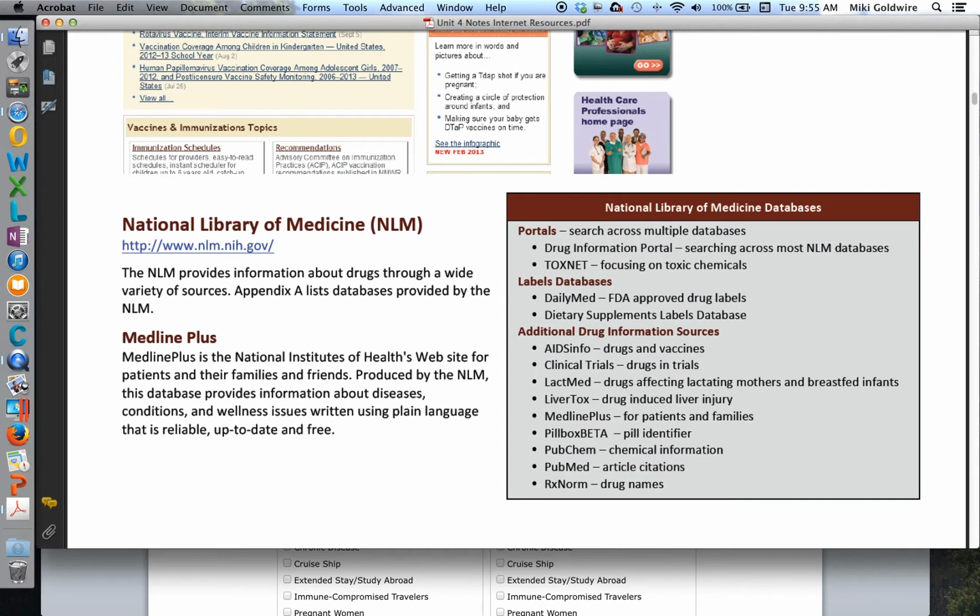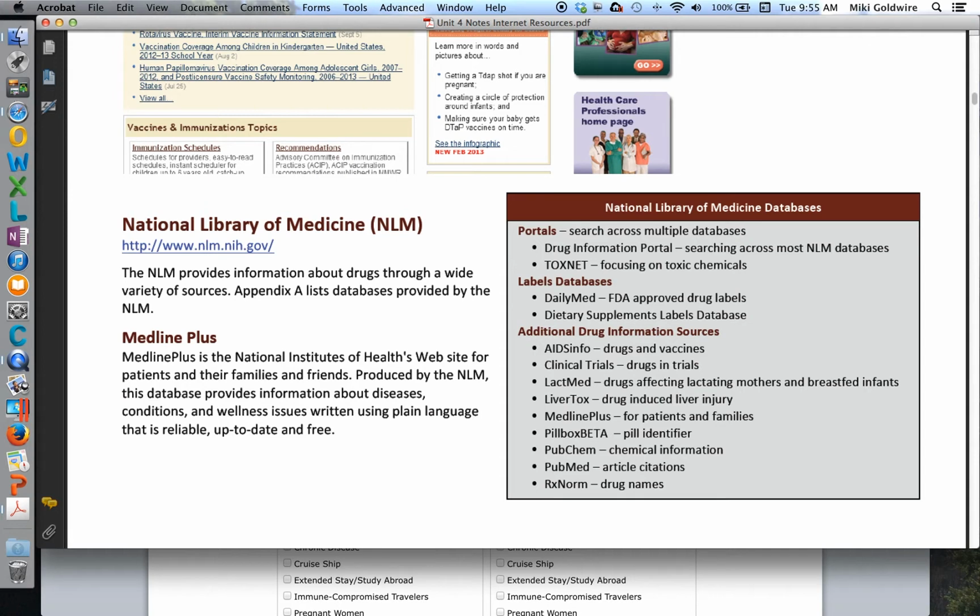The next website sponsored by our government is the National Library of Medicine. And the National Library of Medicine provides information about drugs through a wide variety of sources. And in Appendix A, I left you a listing of databases provided by the National Library of Medicine. They're also in this little box here.